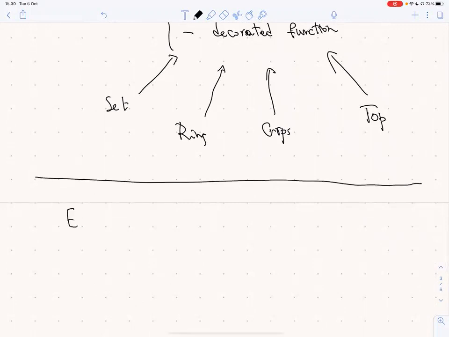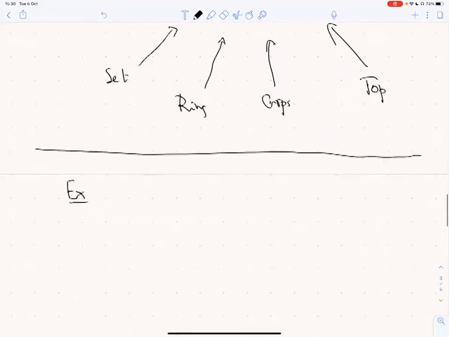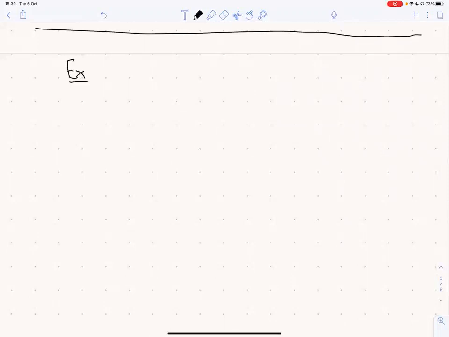Please be careful with these examples because they are quite important. The first example that I would like to point out is: let P be a poset. A poset is a partially ordered set, with this less-than-or-equal relation on it. And every poset can be seen as a category. So let's define it, and maybe I will change the notation a little bit.